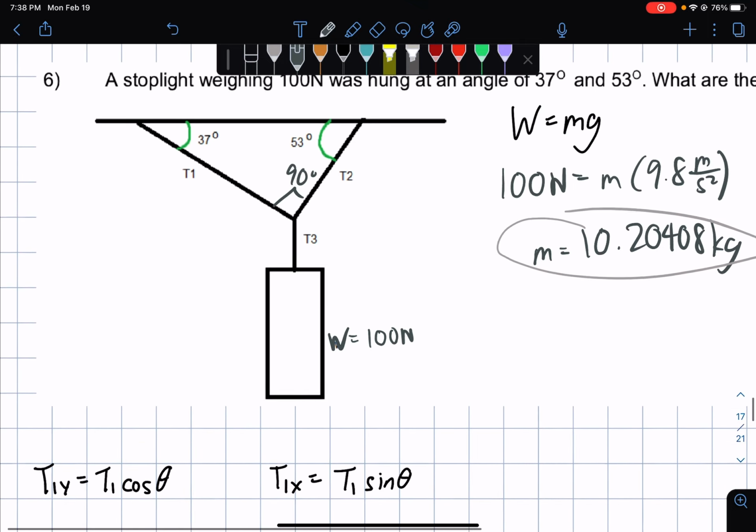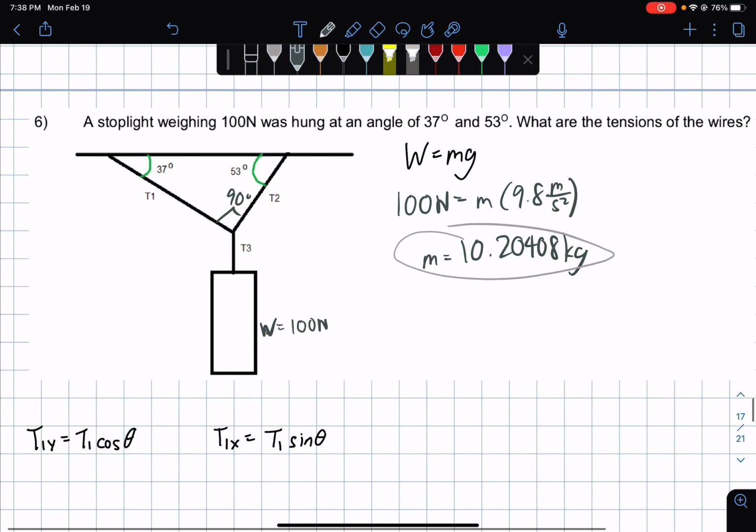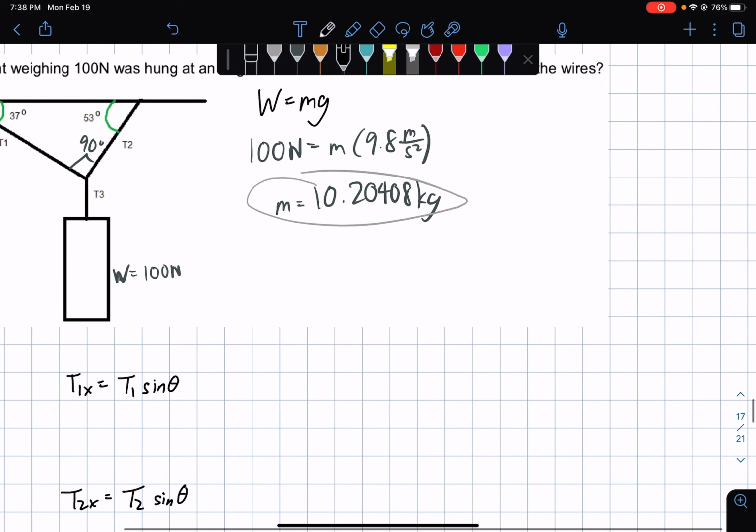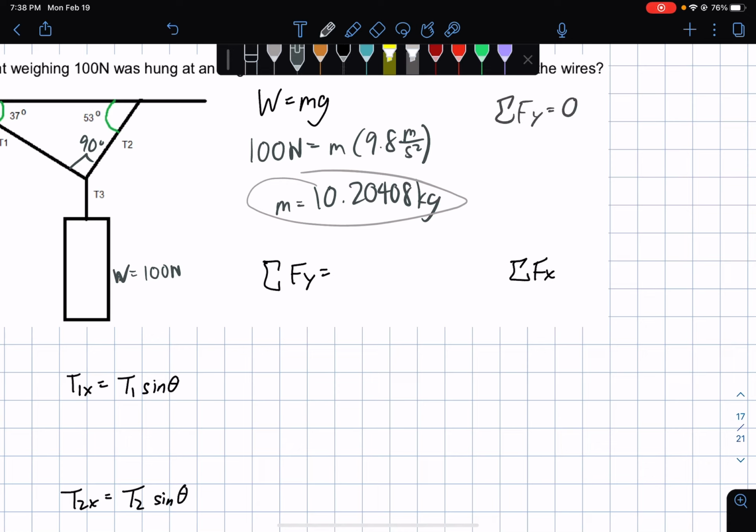T1y. Hang on. We do have these two other formulas. These are going to be very important. The summation of Fy is going to be 0. As you can see, the object is supported. It's not moving. That also goes for the horizontal axis.